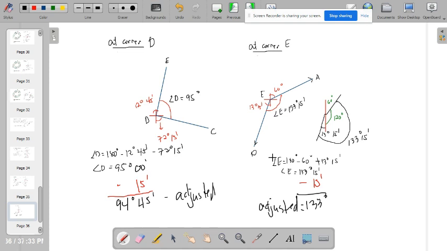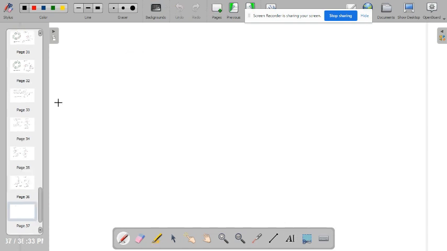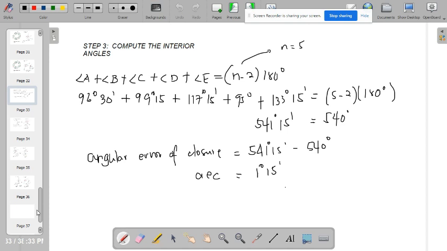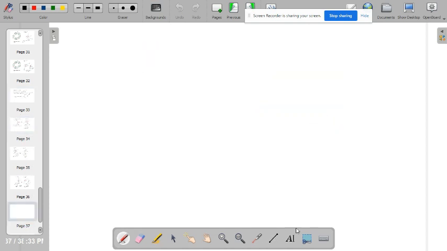All right. Now, next, let's check if this is correct by adding up all the adjusted interior angles. Okay. So this is step 3, step 4. So let's go to step 5.